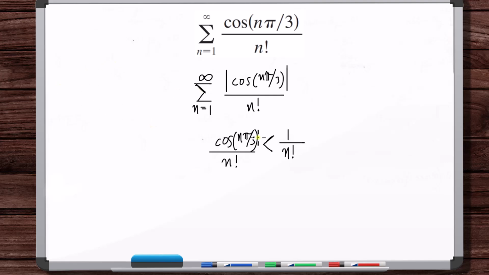If n was an x, then yes. But with n being an integer, I don't think it'll ever be equal to 1. So we've got pi over 3, 2 pi over 3, 3 pi over 3 is pi, which is 1. That's 1. So, okay, never mind.